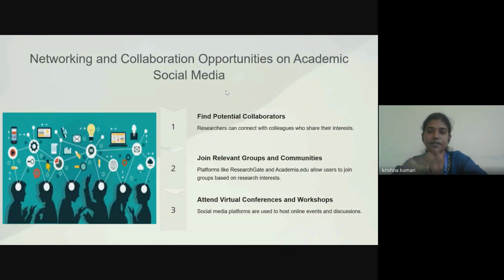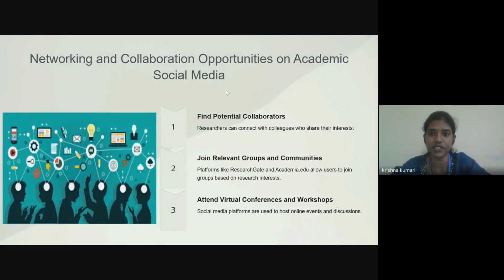In all these slides, we keep talking about collaborations and how we are able to find potential collaborators using these academic social media, right? Like I said, media such as Scopus, Springer, ResearchGate, and by joining faculty development programs, workshops, webinars, seminars, etc., this will also help us get collaborations with people in the same research areas.